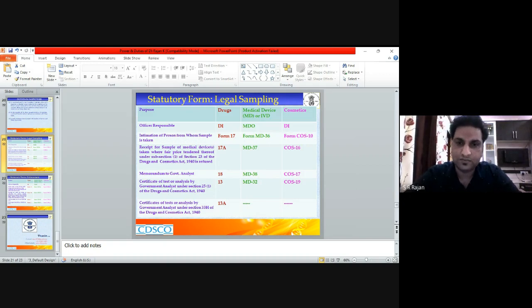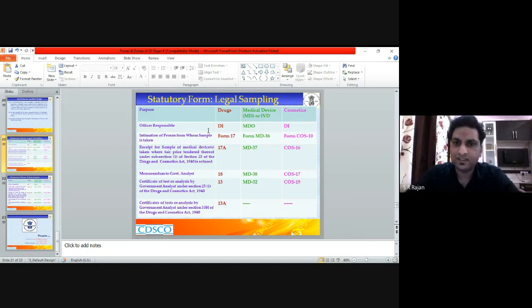For example, intimation to the person from whom the sample is taken. When an inspector takes a sample from any person, like a manufacturer or retailer, he has to give Form 17, which is the intimation that I have taken this sample from your premises. This is the proof.